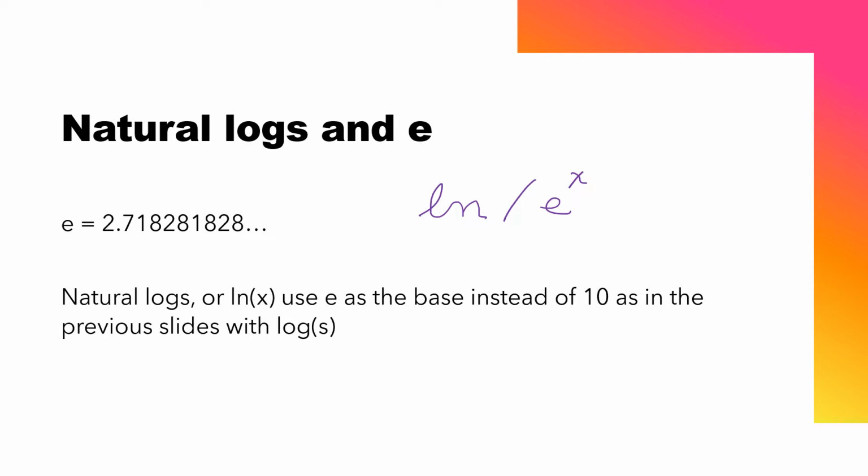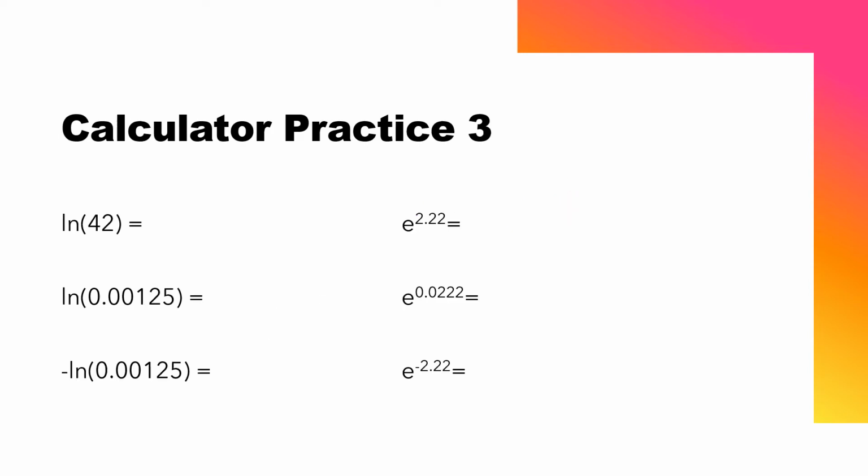So ln is the natural log, e to the x is the opposite function of the natural log. I'm taking those exact same numbers from the previous calculator practice, just doing the natural log now instead of the base 10 log. We will get different answers because the natural log uses 2.71 as the base instead of 10.